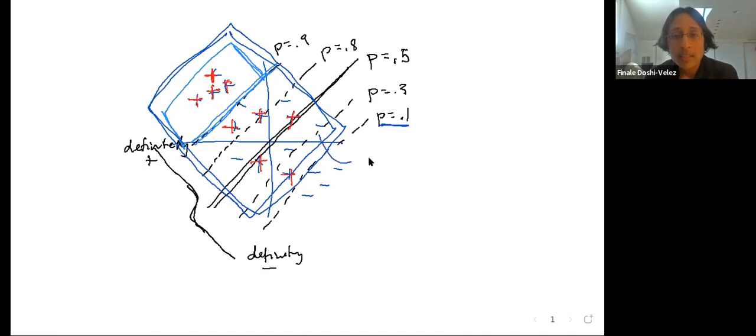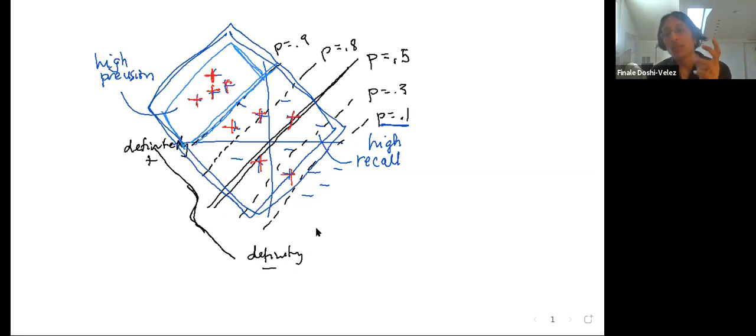Cases that try to include everything are technically called having high recall, because we're catching everything. Cases where the things that we catch are pure would be high precision. And there's other metrics as well, but these are two important terms.